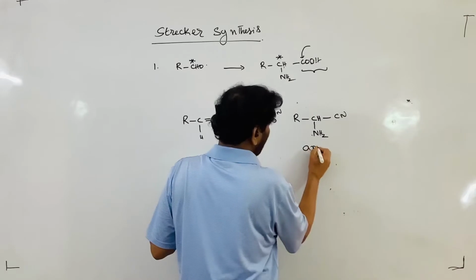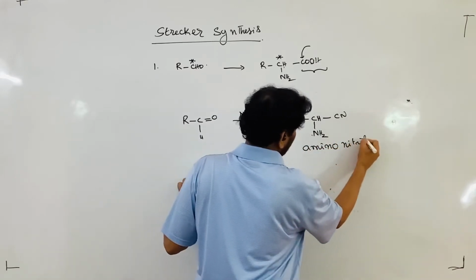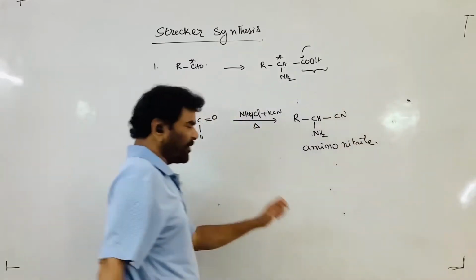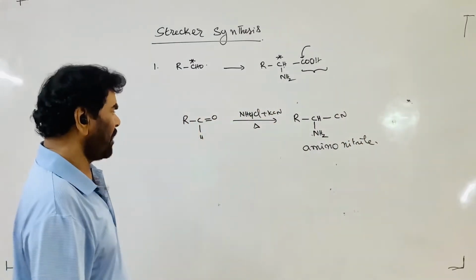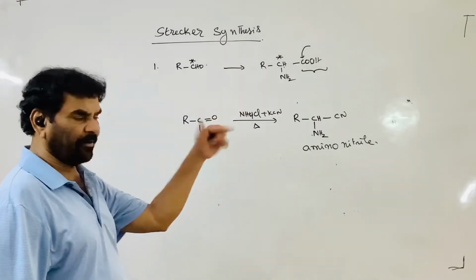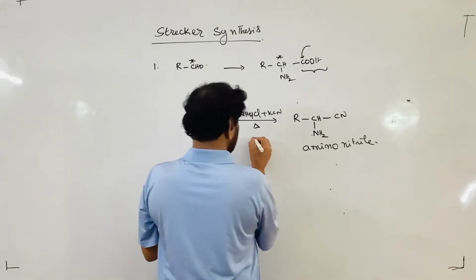This is called the aminonitrile. Cyanide is the preferred functional group, so priority goes to the nitrile. Aminonitrile, or 2-aminonitrile if you want to speak specifically. This is the first step.